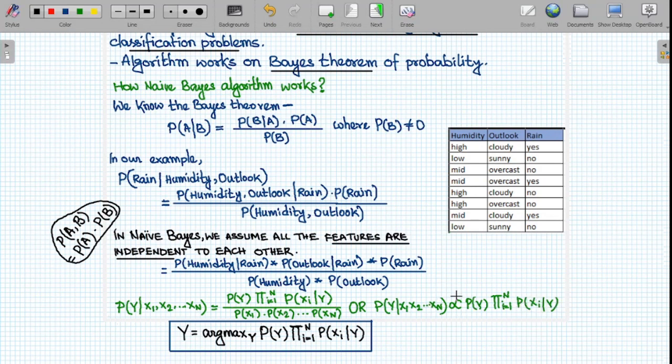And from here we can evaluate the value of y with this formula. Argmax probability of y pi i equal to 1 to n probability of xi given y.